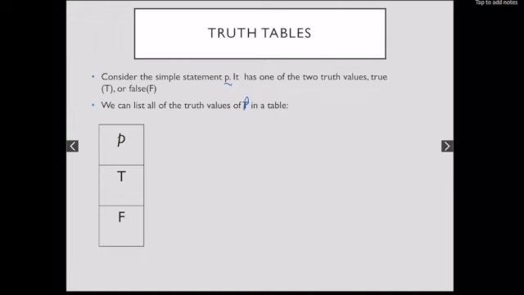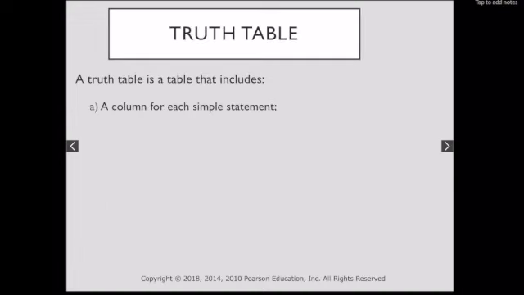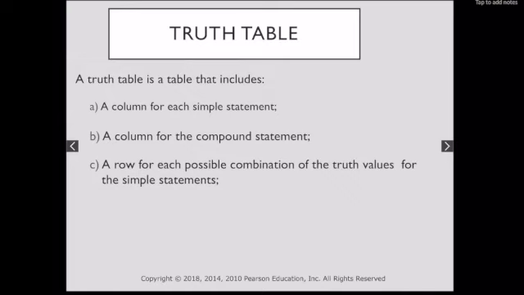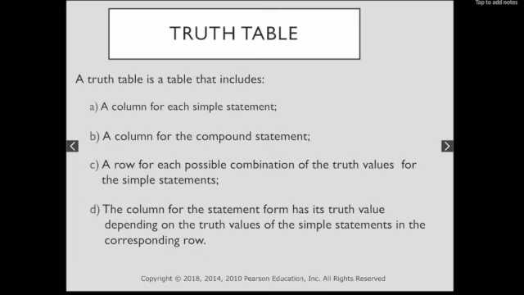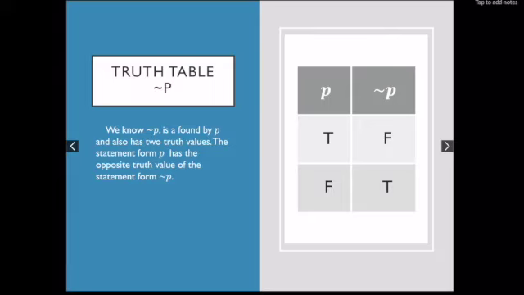When we're constructing a truth table, it needs to include a column for each simple statement, a column for the compound statement, a row for each possible combination of truth values, and a column for the statement form. The column for the statement form has its truth value, which depends on the simple statements. Okay, so the simple statements influence the truth value of the compound statement.